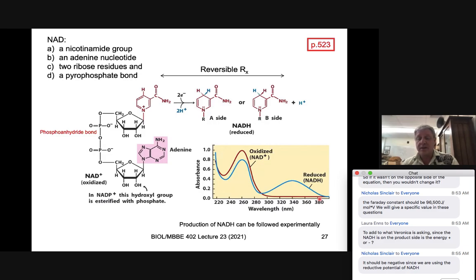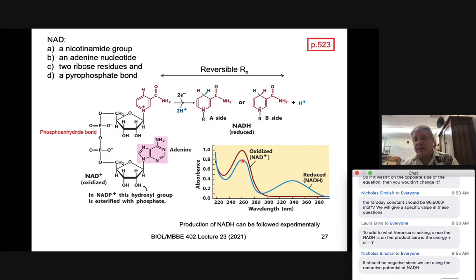So we can actually monitor the production of NADH at the expense of NAD plus, because in the NAD plus, the oxidized form, we're not going to see an absorbance at the maximum lambda of 340 nanometers compared to what we see with the reduced form. Because of those lone pair electrons, we have the capacity to have a greater absorbance in that particular region.